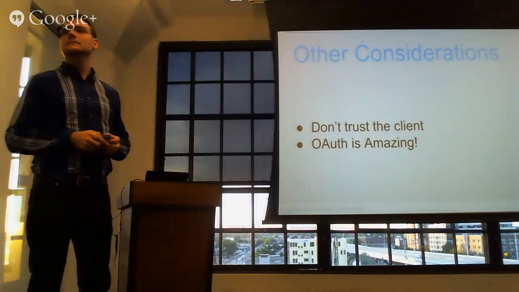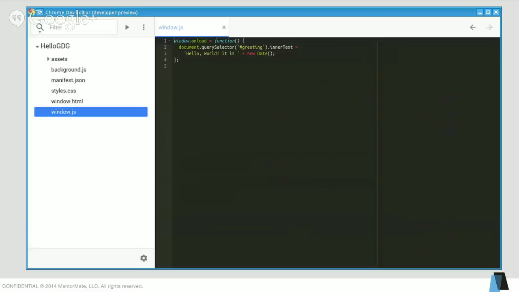Is that only for Chrome apps or for any web app? The Chrome Dev Editor is for any app that is JavaScript based or HTML based, because it basically starts a little HTTP server, but it also integrates with Chrome, so you get access to all those APIs. Can I use that to build any web page? Correct.